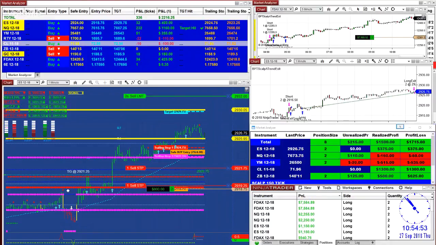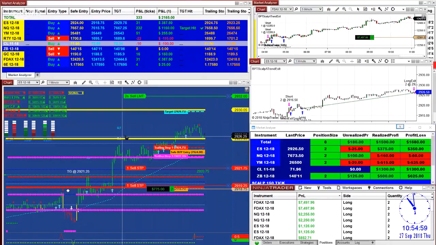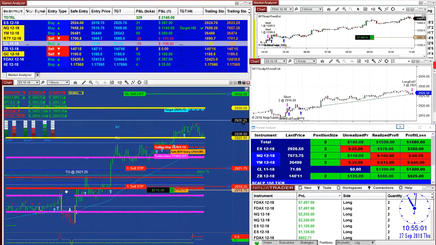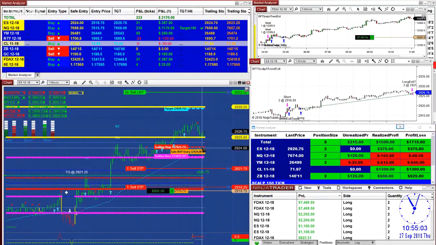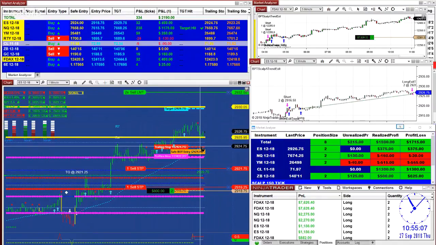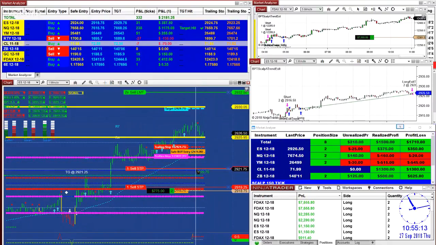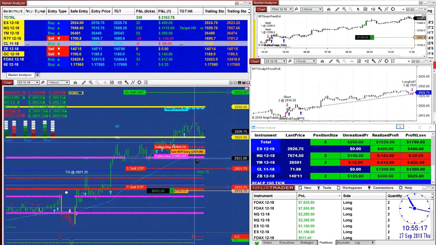Rigo, on the ES stop, yeah, Rigo, if the ES is pulling back, going back to this number here, and you want to move your trend stop, you are on that trade, so move your trend stop.